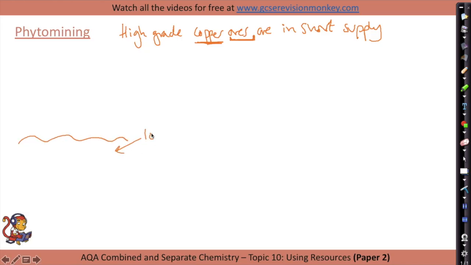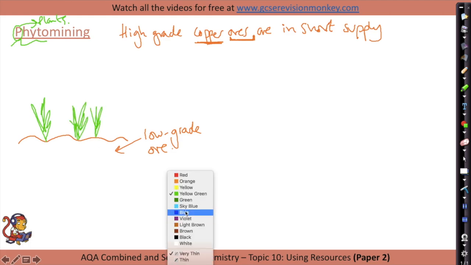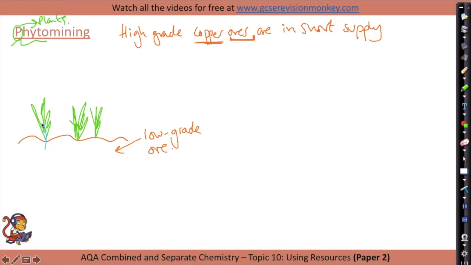So if we have some rock here that has a small percentage of copper in it, we'd call that a low grade ore. And what we would do in the phytomining process, P is for plants, is grow plants on the low grade ore, and those plants would take up the copper compounds through their roots.